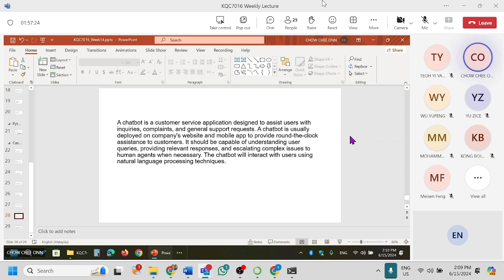The chatbot will interact with user using natural language processing techniques. Okay, so I hope you know what are the techniques in NLP that is used in chatbot. Okay, yeah, what are the techniques or how the whole structure of chatbot. Okay, yeah. So and then what are the techniques in NLP that is needed?